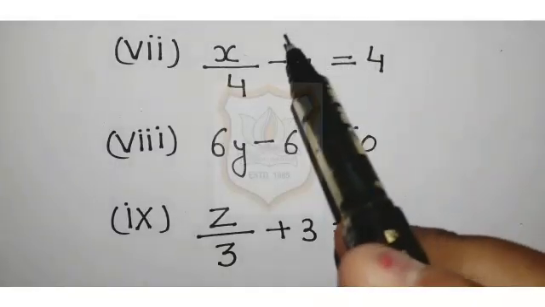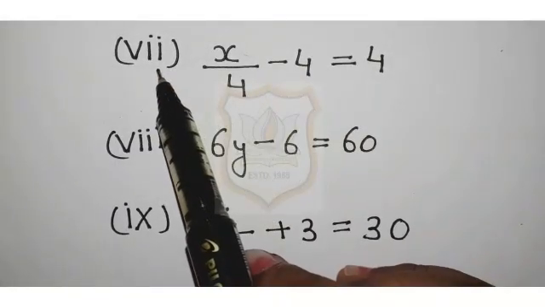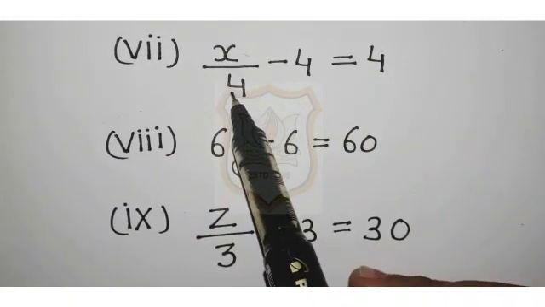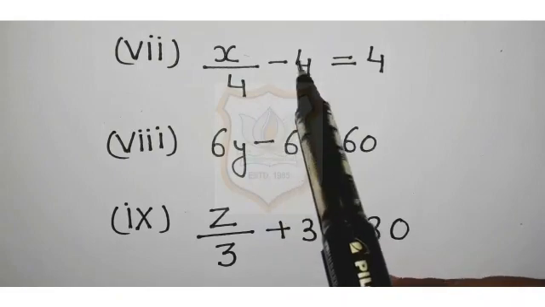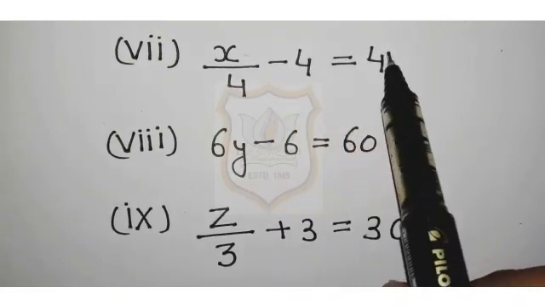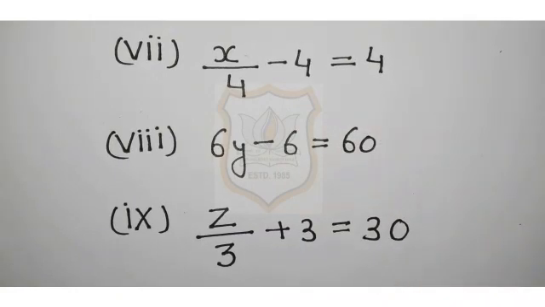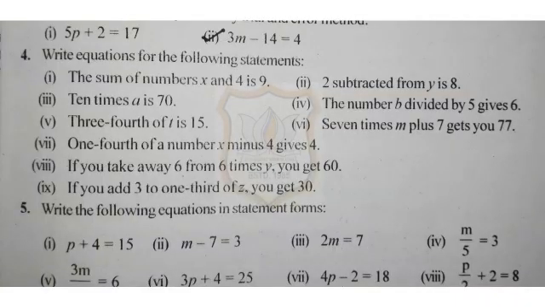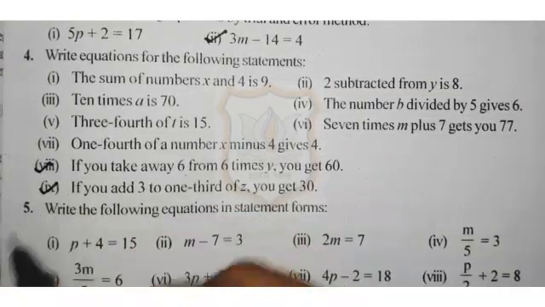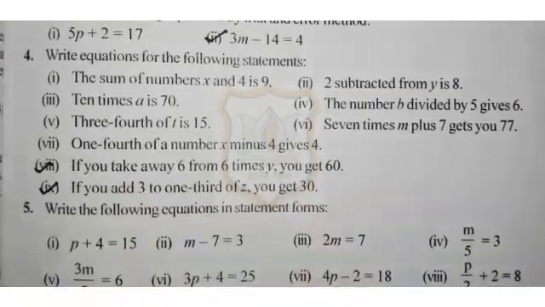So you write the answer of the seventh part like this: x upon 4 minus 4 is equal to 4. I think students, you must have understood how you can write an equation when statements are given. Part 8 and part 9 of question number 4, you have to do yourself as homework.